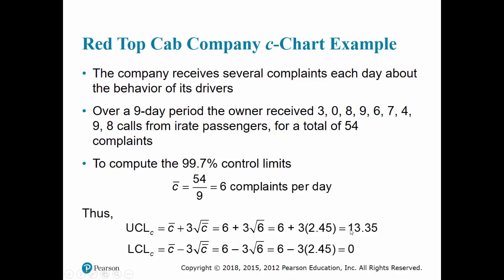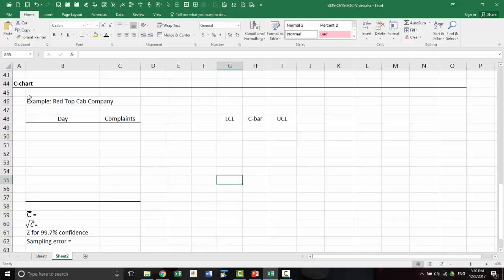Then, of course, you have to plot these limits and then see whether the process is in control or not. And once again, this lower control limit can sometimes calculate out to be a negative number, in which case you have to make sure that it is represented as a 0.